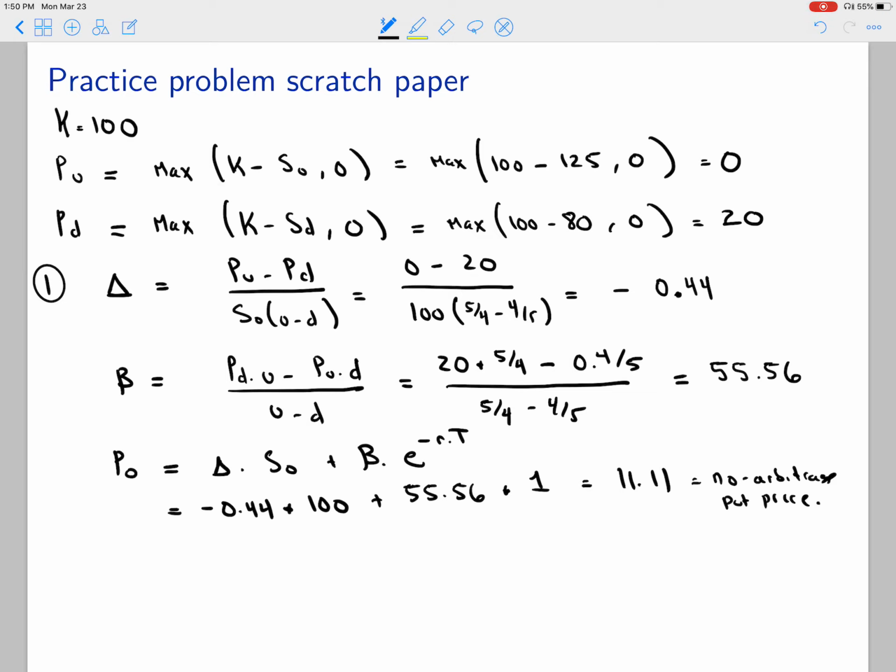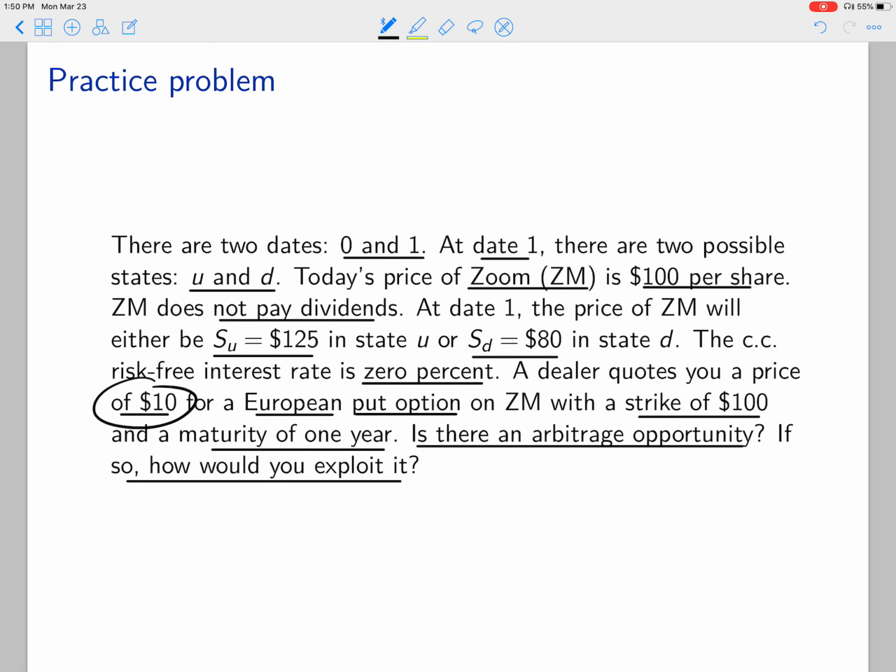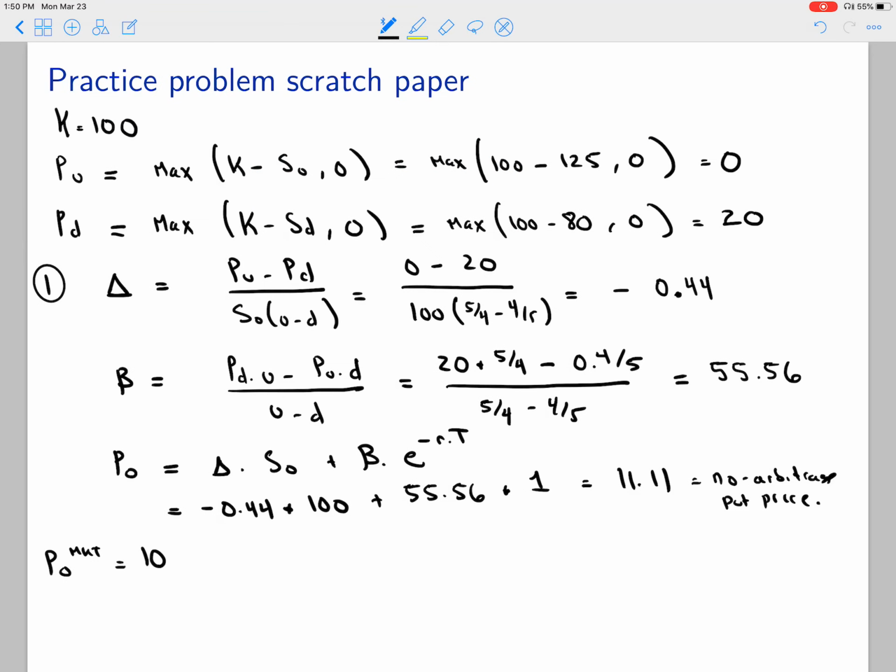Now to answer the question of whether there is an arbitrage, we need to compare this no arbitrage price to the market price. So we notice that P_0 market is equal to, in the problem, $1.10. The price of the put that we're getting quoted in the market is $1.10. This is less than the no arbitrage put price of $11.11, which is P_0 no arbitrage.